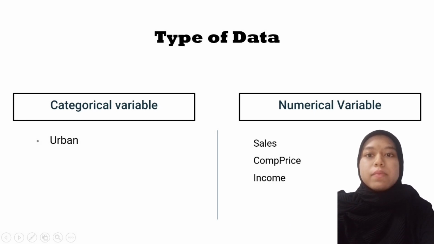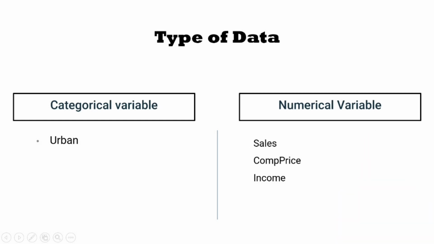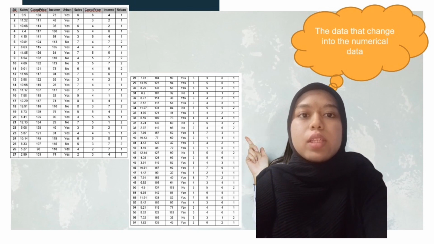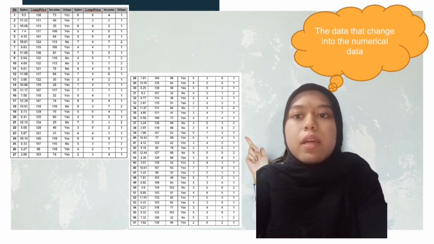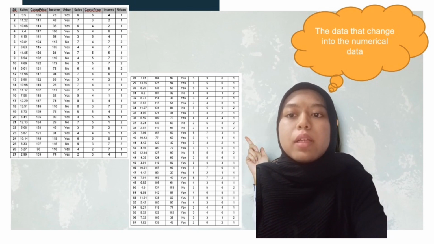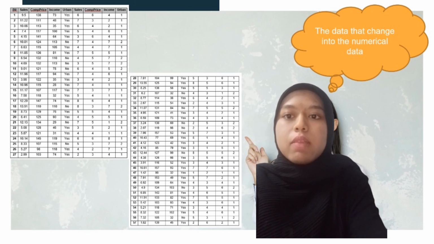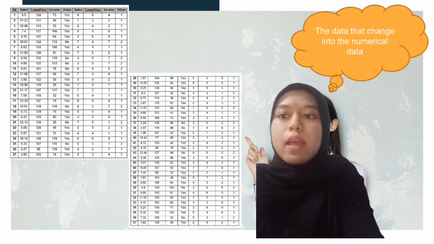First, categorical variable, and second, numerical variable. The categorical variable is urban, and the numerical variables are sales, comprise, and income. The data was changed into numerical data, and we selected 150 observations from 400 observations using the data set that has been provided.